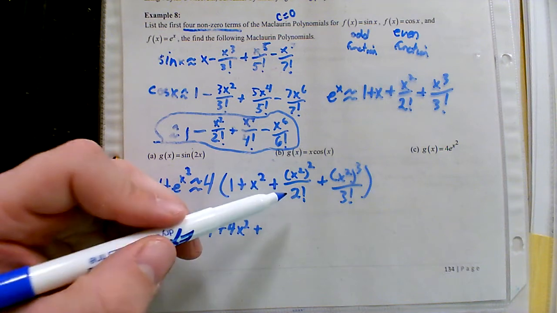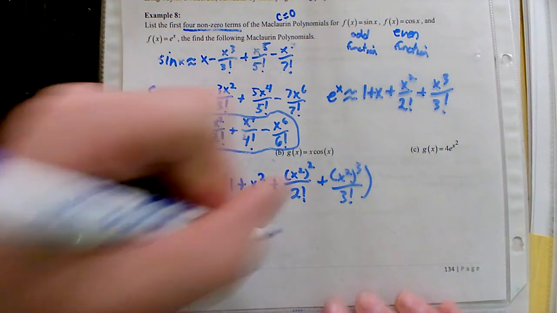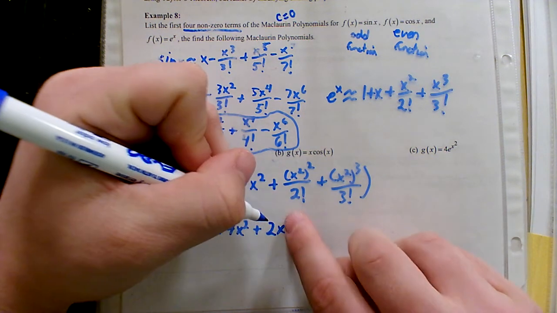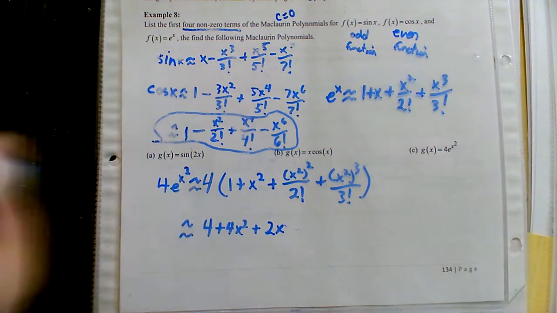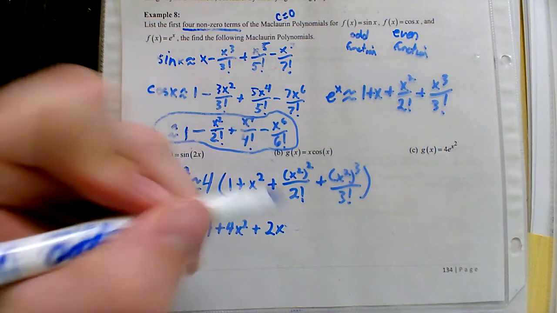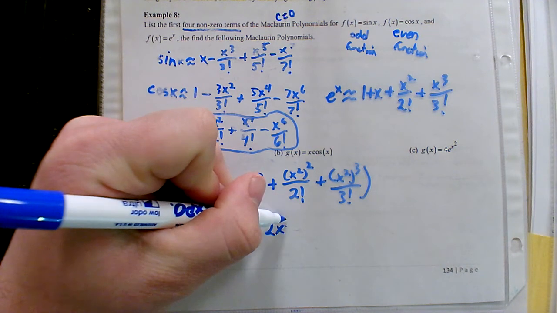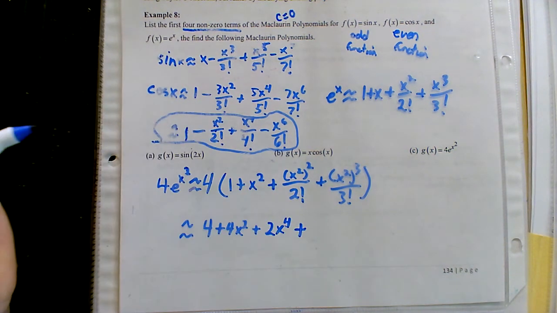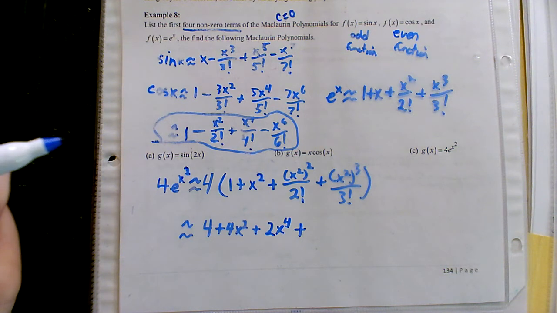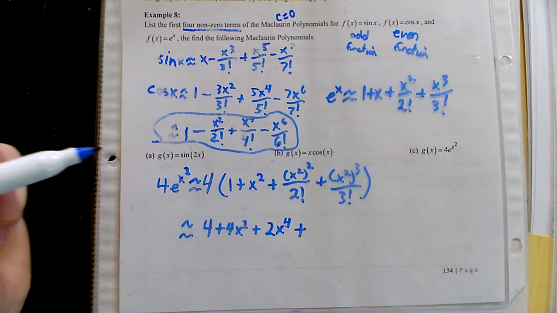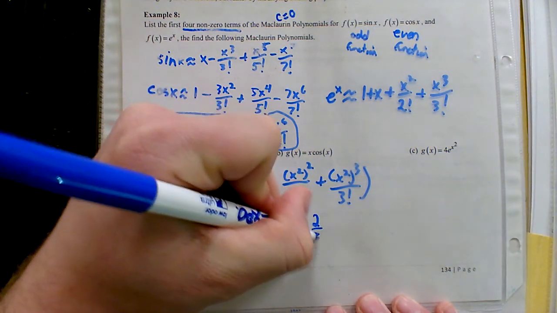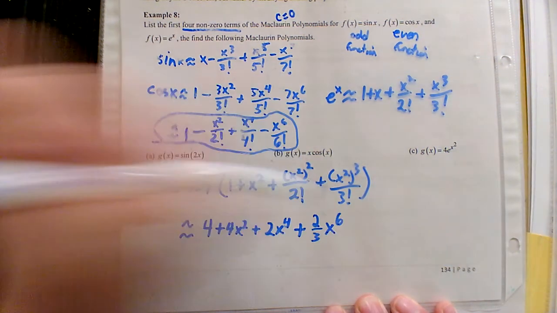So again, it's going to be 4 over 2 factorial, so that was just going to change to 2. X squared times x squared is x to the what? 4th. And then I have 4 over 3 factorial, so 3 times 2, so 6. 4 over 6, 2/3 x to the 6th.